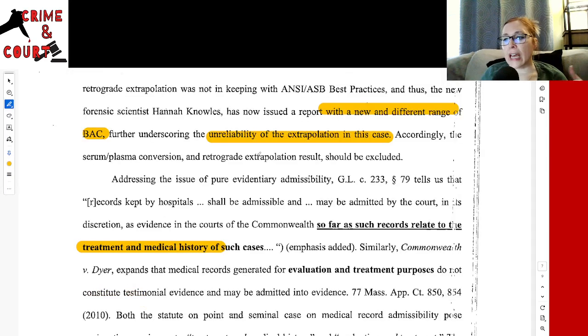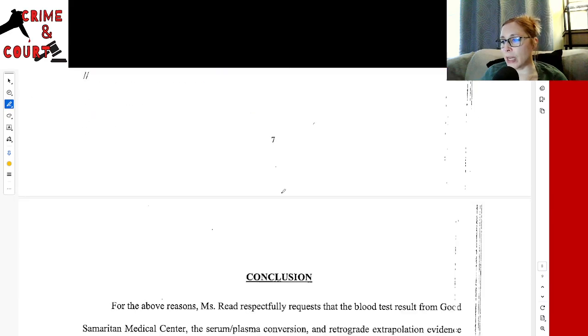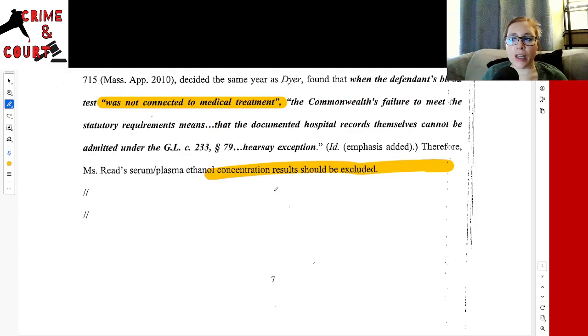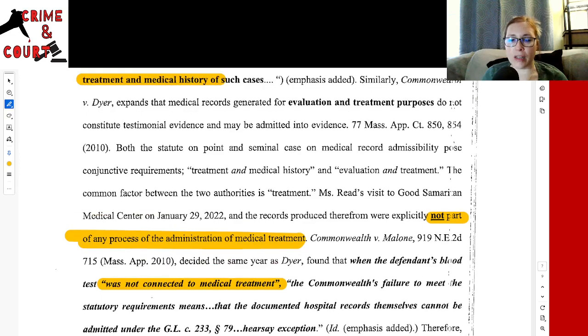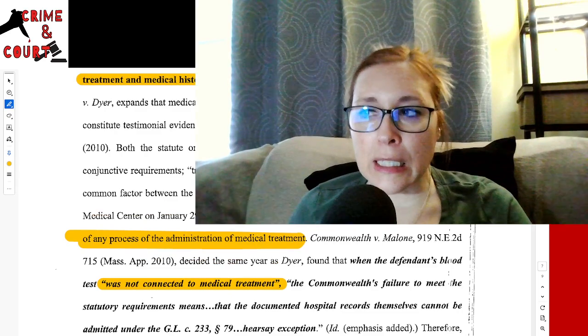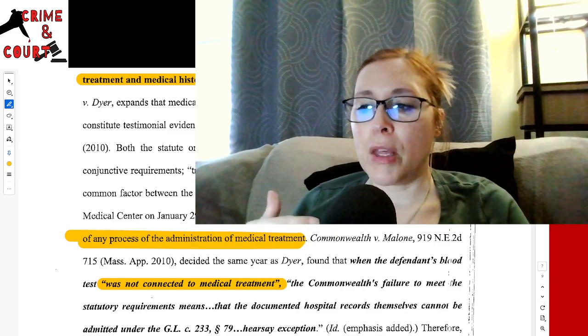And then you've got Karen Reed's defense team, who did a thorough 9-page job of putting together a very clear understanding of why this should not come in: the reasons, the problems with the testing, the blood draw itself, the testing results itself, those kinds of things.